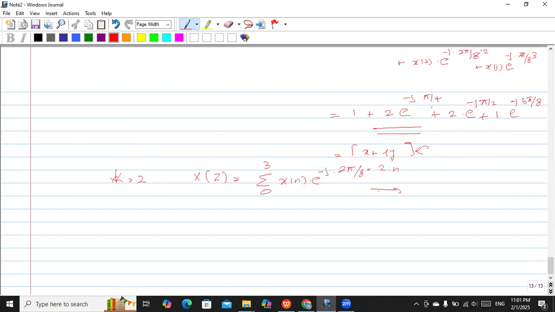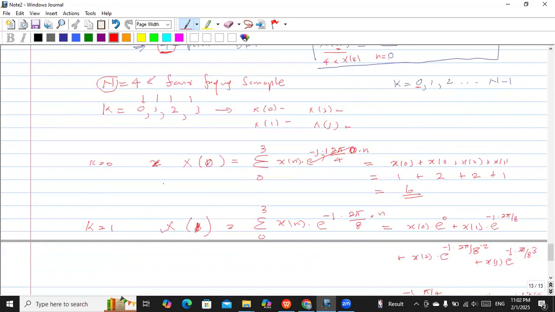So you need to expand this and find that value. x3 also you can find, the last frequency sample, when k is 3, that is 0 to 3 xn e to the power minus j 2π by 8. Now k is 3, n. Then you can expand this from 0 to 3, n from 0 to 3. So here also you can find. Okay, so that is how you find 4-DFT.